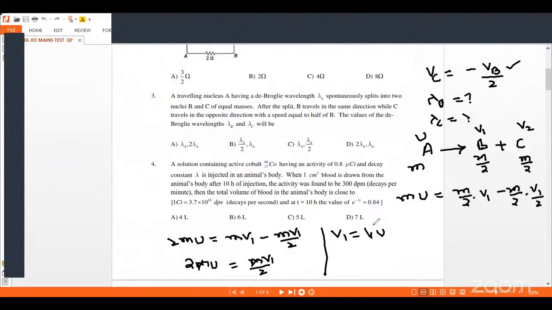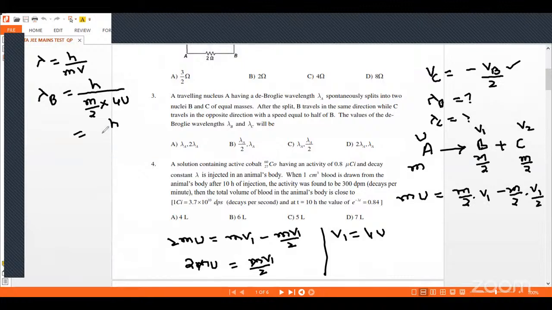Since lambda equals h by mv, lambda b equals h by the mass of b, which is m by 2, and its speed is v1, so 4u.